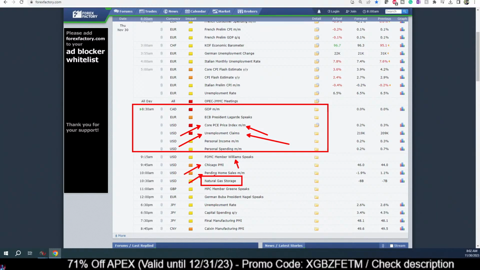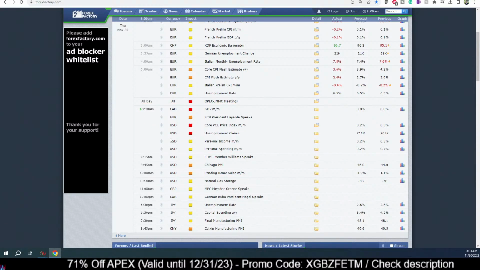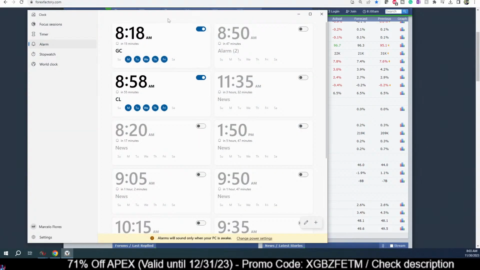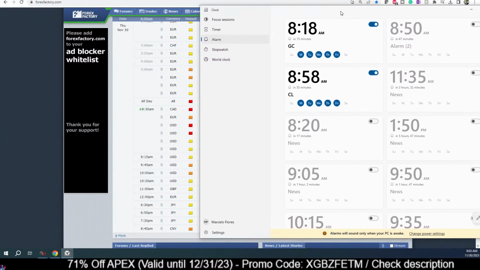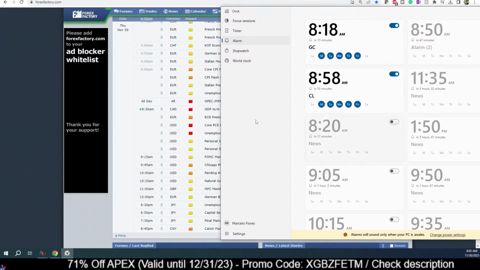I do create alerts myself for it, and I use this tool, and I'm gonna do that today, 8:20. So we do have news at 8:30, so I'm gonna be prepared 10 minutes before. Then at 9:15, I'm gonna mark that one.